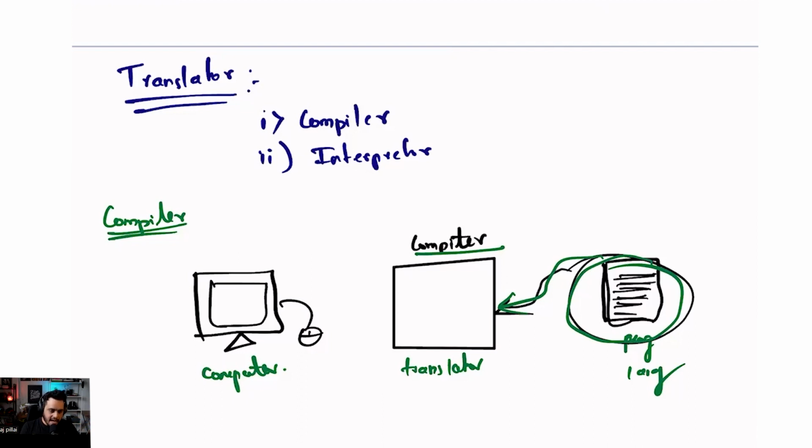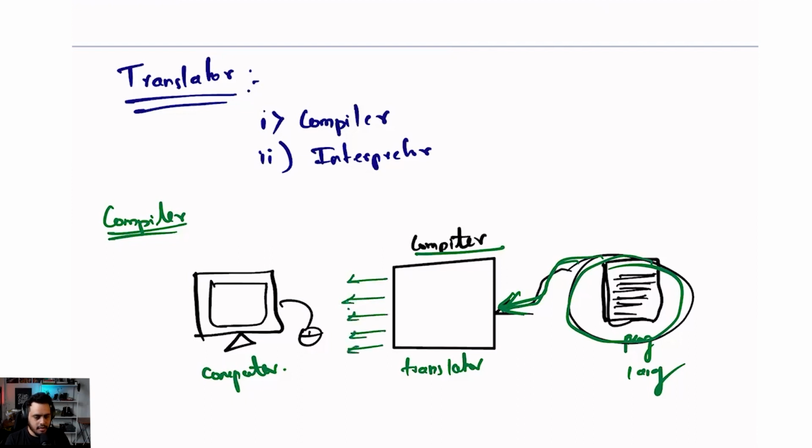So whatever code we write, everything is taken in one shot and then it is given to this fellow.